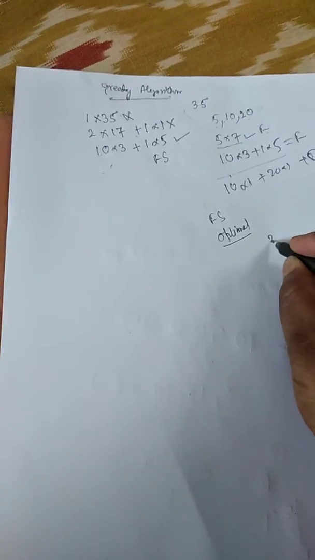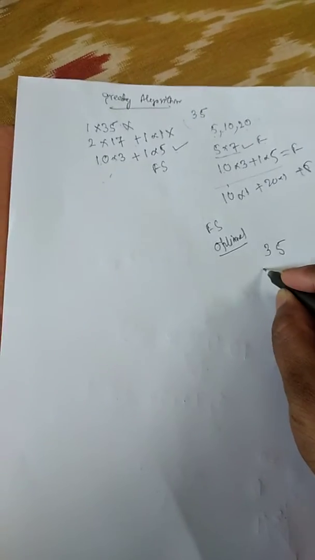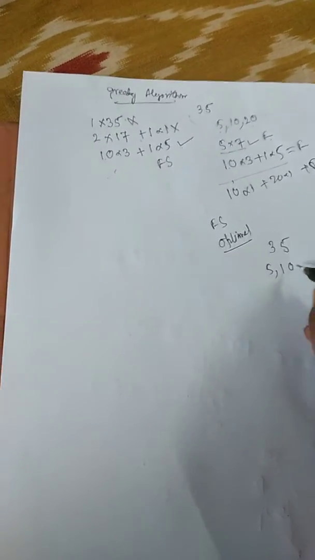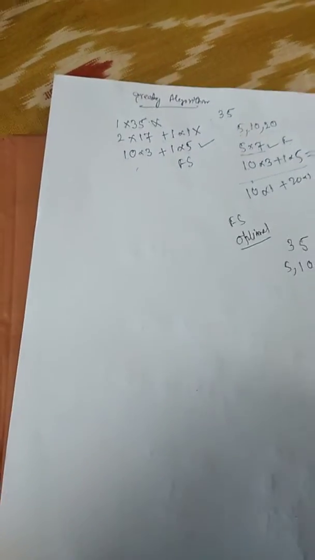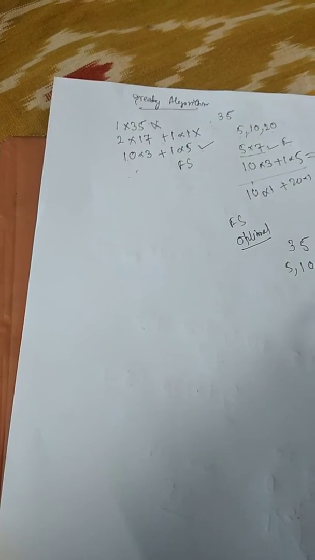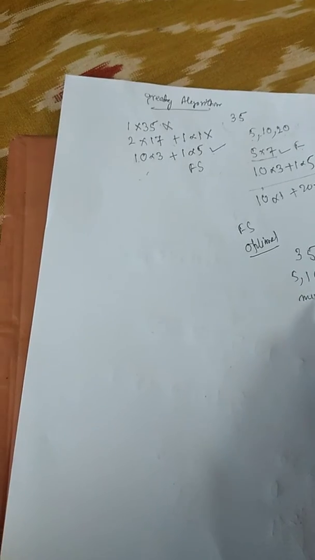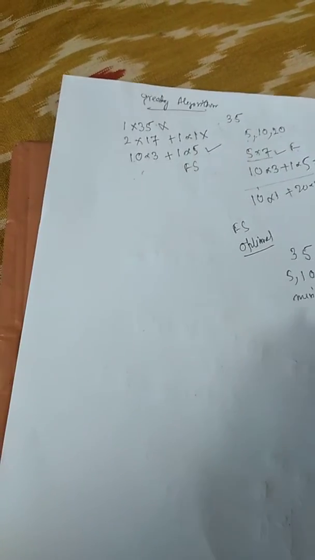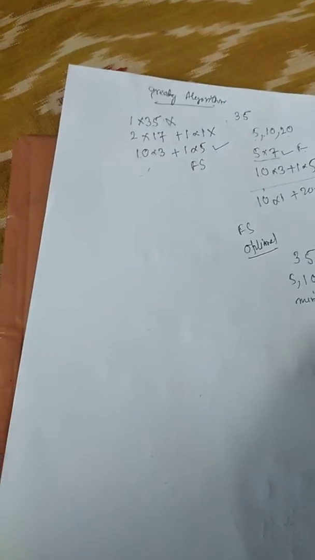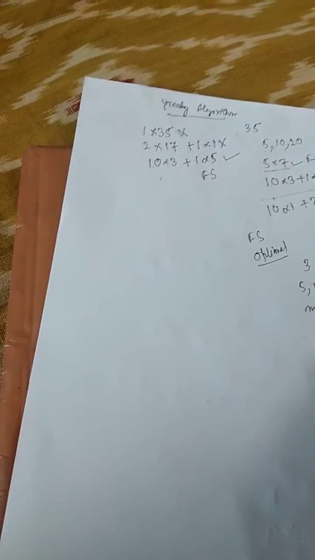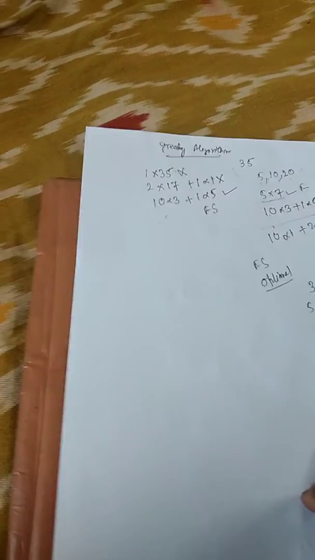I need to make 35 rupees. I will accept only 5 rupee note, 10 rupee note and 20 rupee note. And I need the solution which will give me the minimum number of notes or points. Okay, so how are we going to solve it?